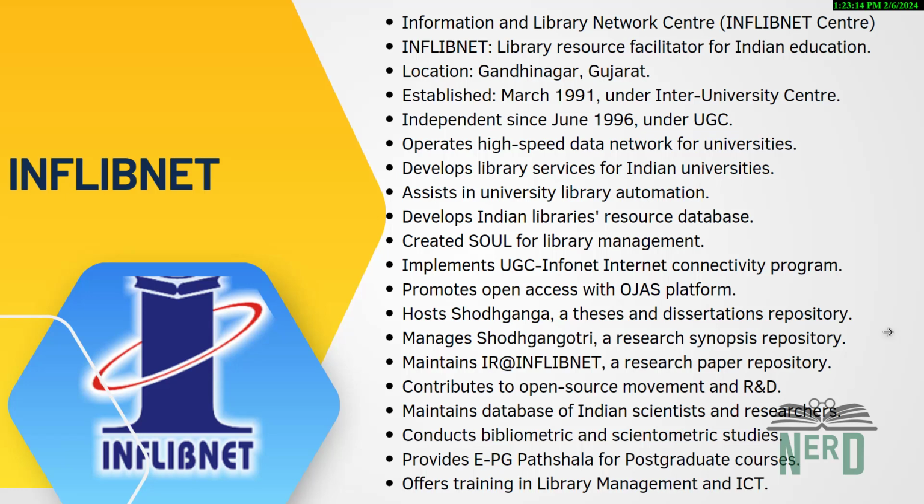Then we have Shodhganga, which is also started by INFLIBNET, remember that, and is a digital vault filled with theses and dissertations from research scholars across India, offering a peek into the cutting edge research happening in various fields. And then we have Shodhgangotri, which, as we have already discussed in our second unit, research aptitude, kind of follows suit but with research proposals, right? Giving everyone a heads up on what new discoveries are on the horizon, right?